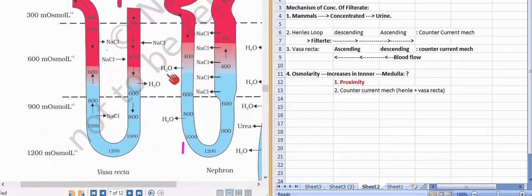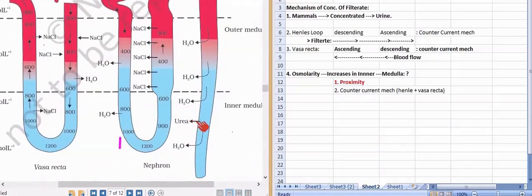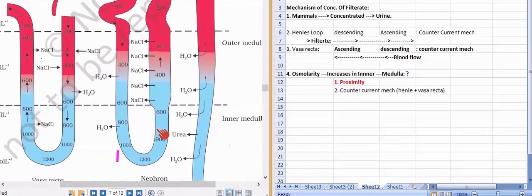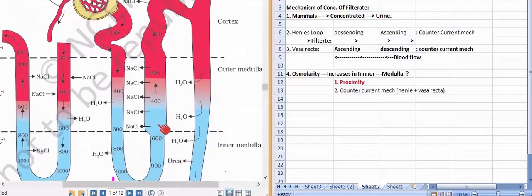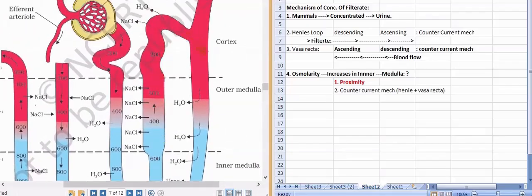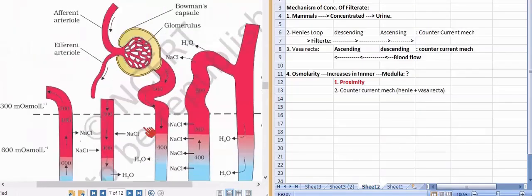It's rotating continuously within itself. Not only that, the urea is also released from here, enters back, is taken to the collecting duct, and is released back to the medulla. So these two things we'll see.